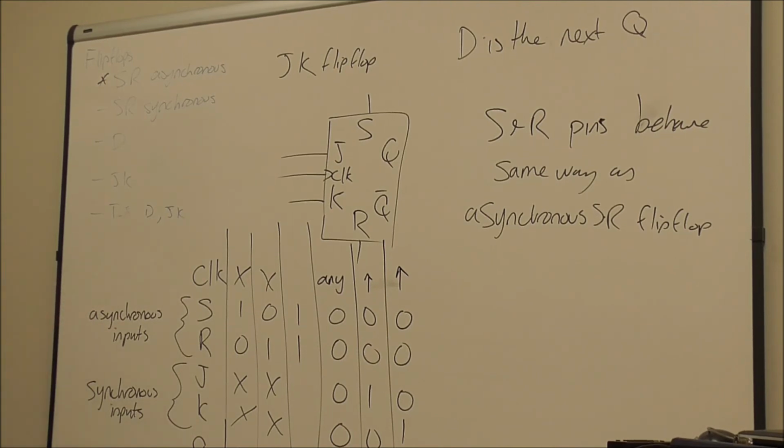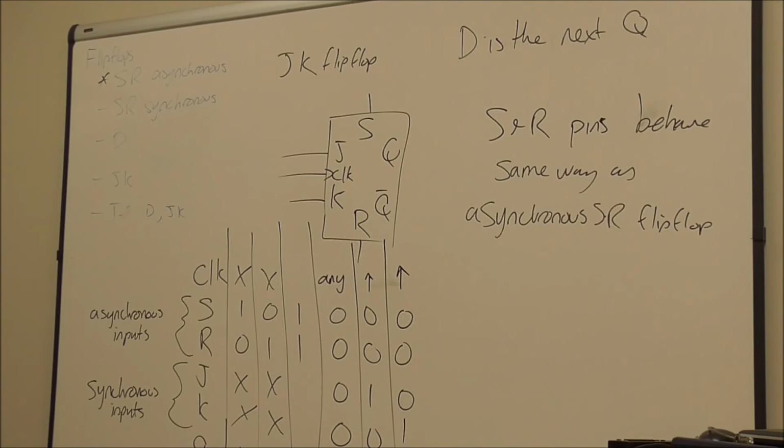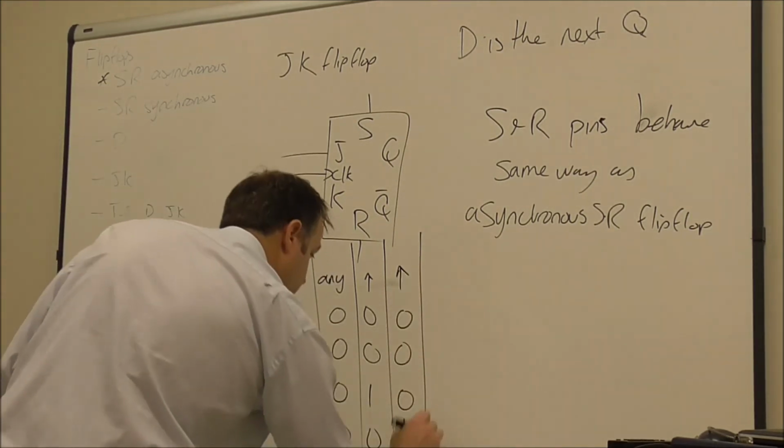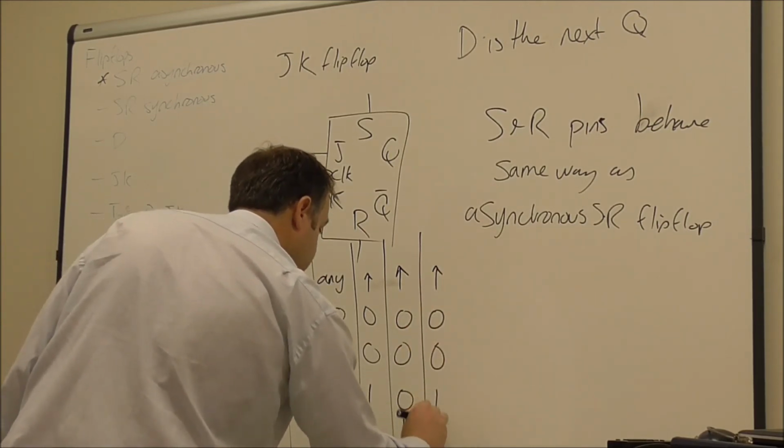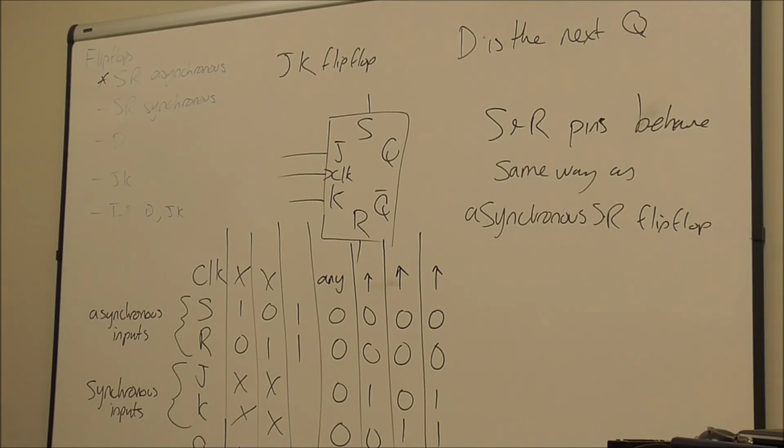Now there's one final difference between the JK flip-flop and the synchronous SR, and that is this state here where we have a rising clock edge, S and R are both 0, and J and K are both 1. When we had the SR synchronous flip-flop, the S and the R inputs couldn't both be 1 because that gives a race condition which gives an unpredictable output. So we couldn't actually determine what was going on.